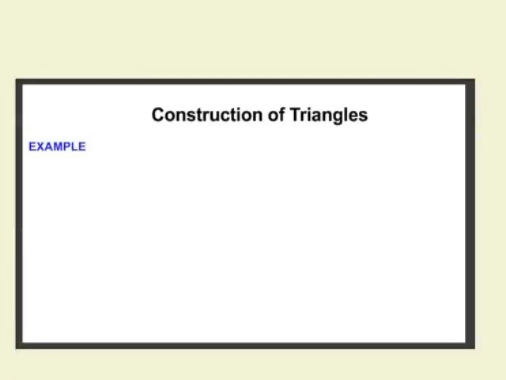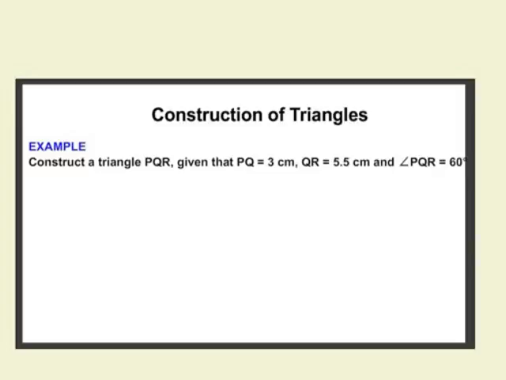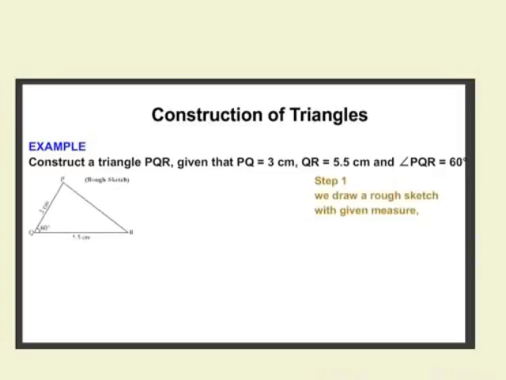Say, construct a triangle PQR, given that PQ equals 3 centimeters, QR equals 5.5 centimeters, and angle PQR equals 60 degrees. First, we draw a rough sketch with given measures. This helps us to determine the procedure in construction.